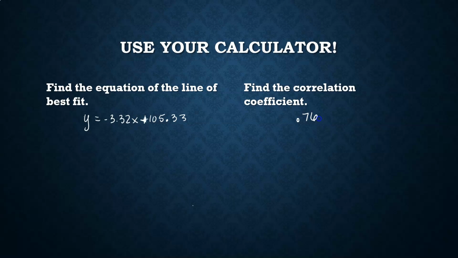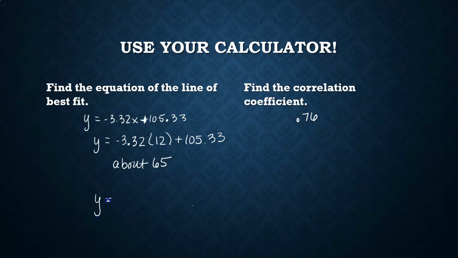So how many points did the 12th ranked team score? So we're going to plug in 12 for x. They scored about 65 points.